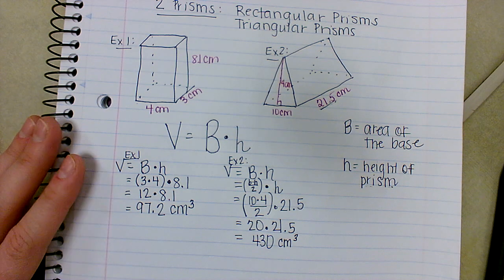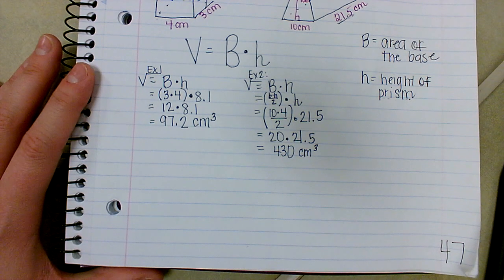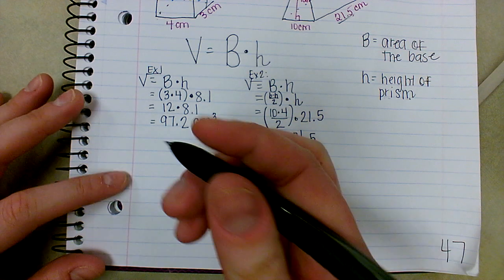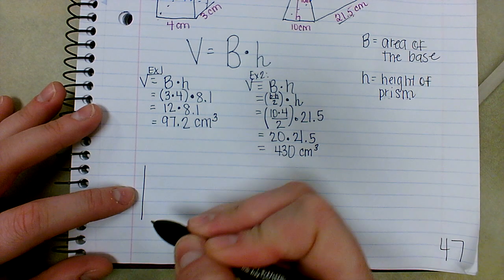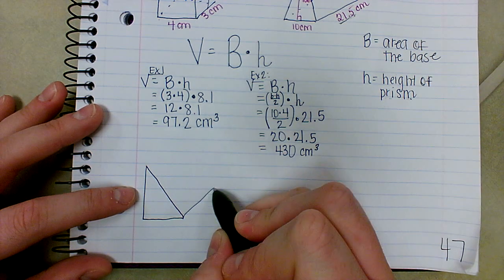Okay, let's try a right triangular prism. You'll be able to see that one a little better. All right, draw your right triangle.